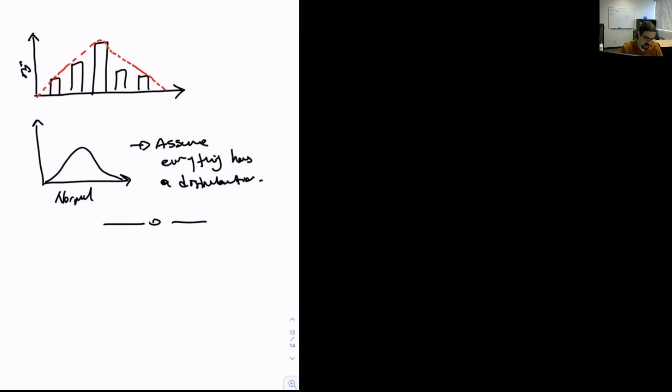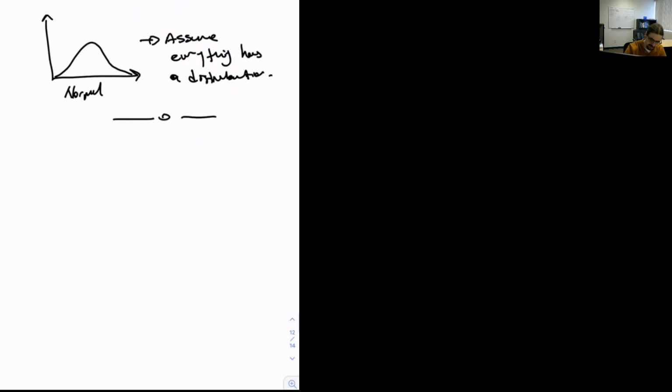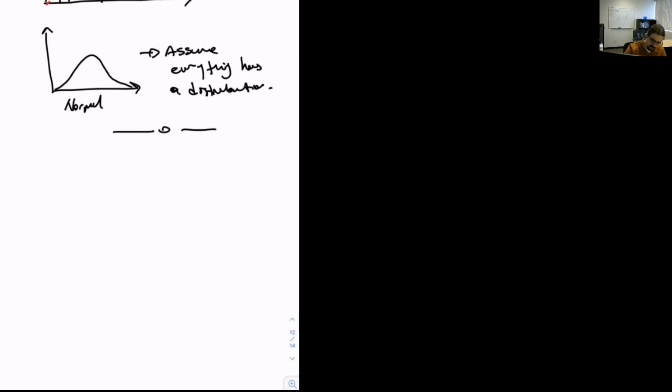Then a normal probability distribution will give us some power in understanding the probability of samples being in a certain range. Let's do an example for that, and then you should be able to deal with it.